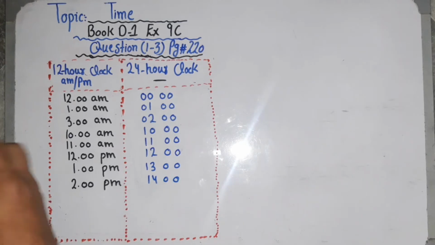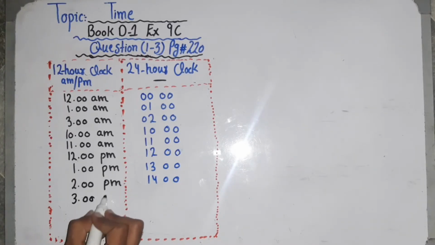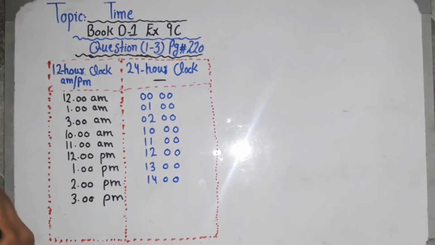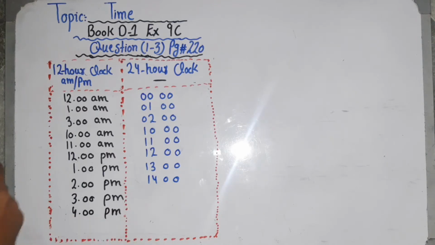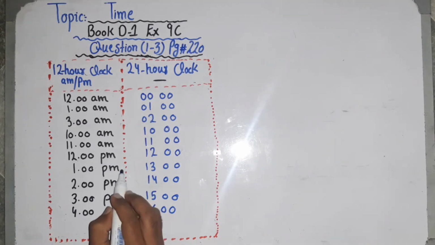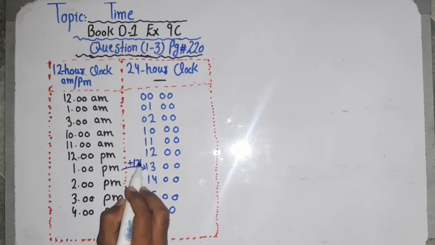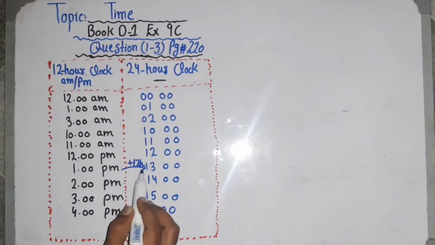Similarly, if the time is 3 PM, the time on 24-hour clock will be 15:00, and then 4 PM is 16:00. Do you notice that? There is a difference of 12 hours. As soon as PM starts, there is a difference of 12 hours.